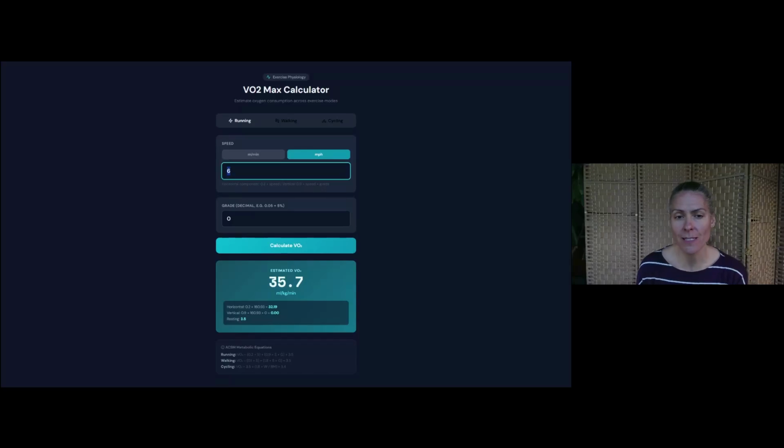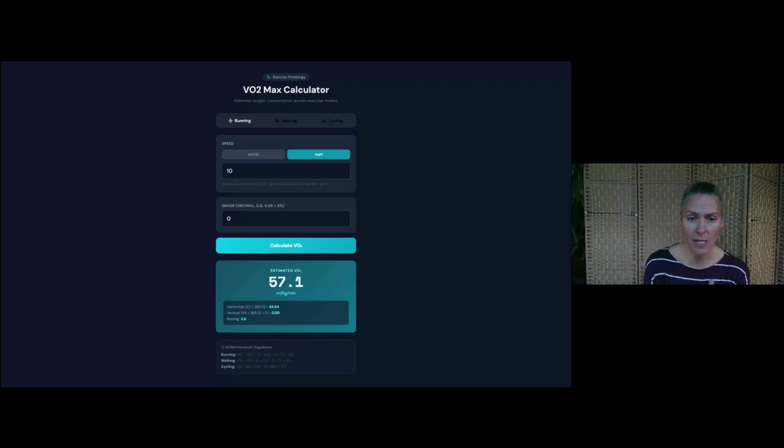So let's play with this again. Let's say we're going to do 10 miles per hour, so a 6-minute mile. I'm going to calculate the VO2, and that's 57.1. So with your watch, it is trying to calculate how much activity are you doing, and then what is a rough percentage of what that is, of what you could be your max, or what could be something like a 5K, because it's going to give you some of those predictions.